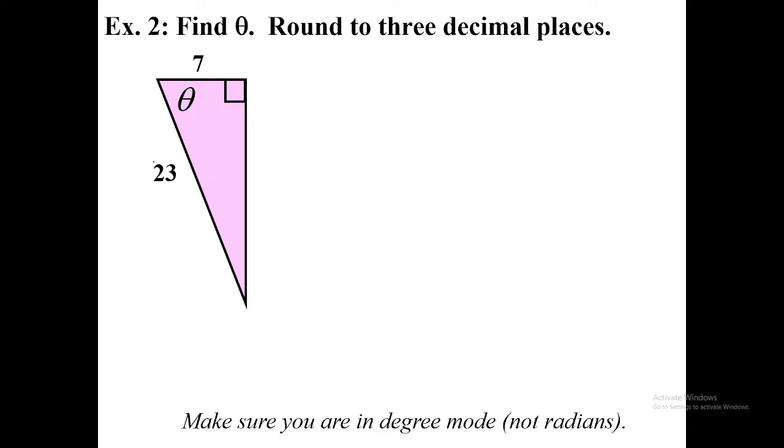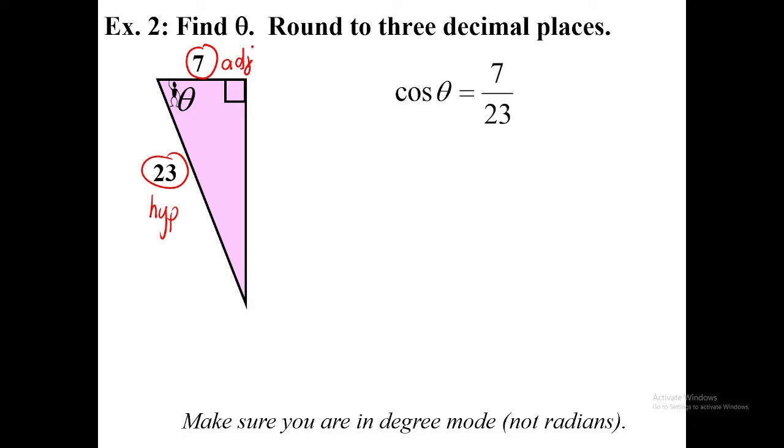So with respect to this angle over here, what is 7? Adjacent. Okay. And what is 23? Hypotenuse. Now, what function are you going to use? Sine, cosine, or tangent? Cosine, because adjacent over hypotenuse.